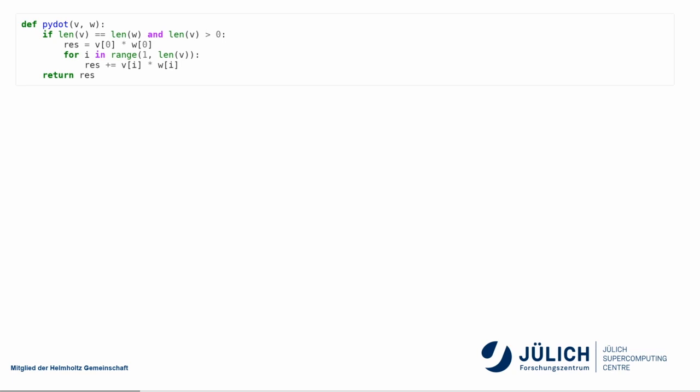So this function can take, for example, a list or NumPy array or anything else that is iterable and has at least one element. So this is a very generic function.